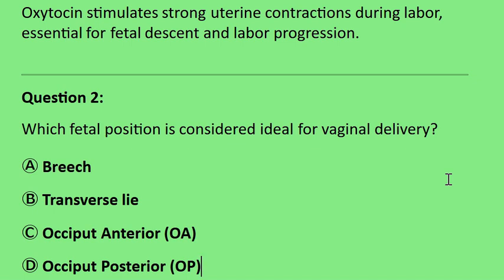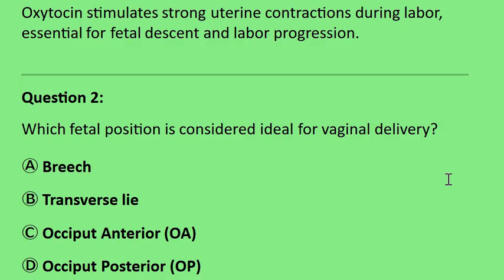Always apply your practical knowledge, clinical knowledge and theoretical knowledge, and then decide which one is the best option. Also apply the elimination technique, that will help you to get the correct answer.